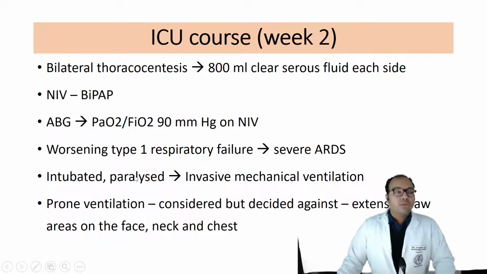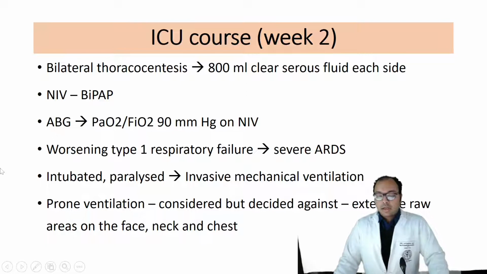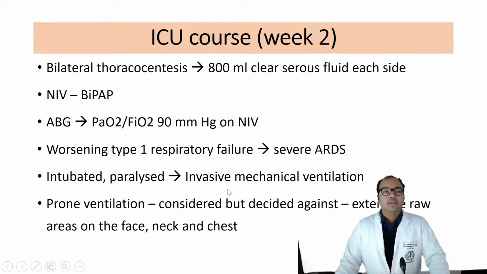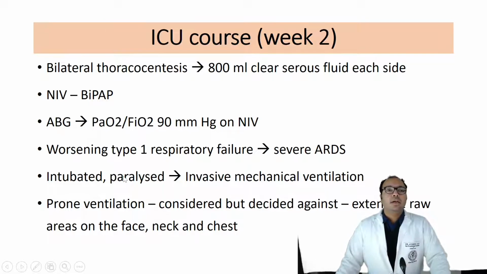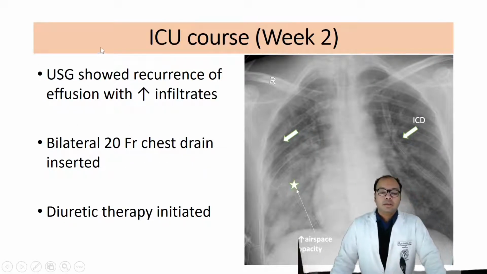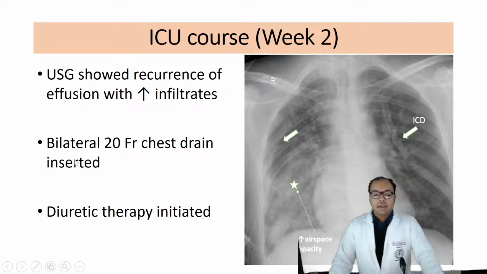Another promising option for this patient was prone ventilation, but it was considered against because the patient had extensive raw burn areas over the anterior chest, face and torso. In the follow-up imaging, a repeat ultrasound again showed recurrence of infiltrates and effusion bilaterally.